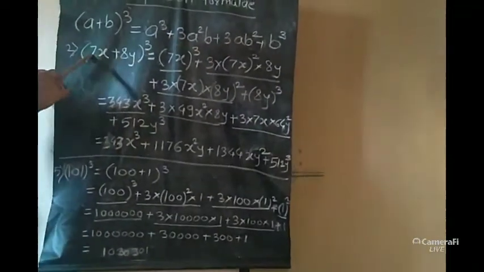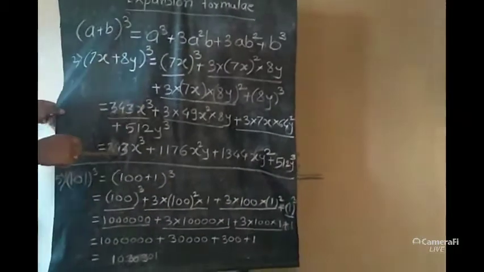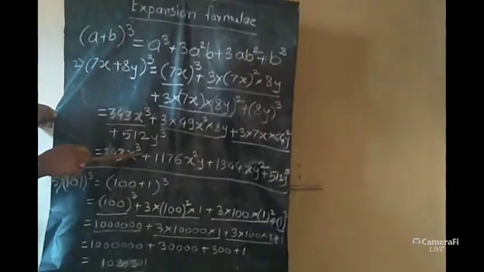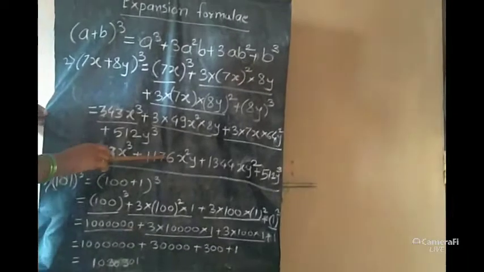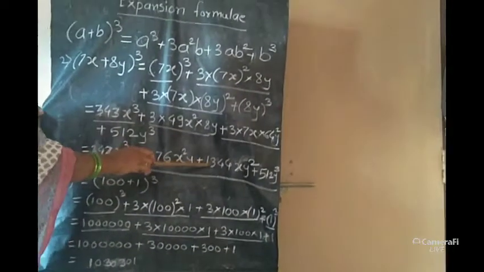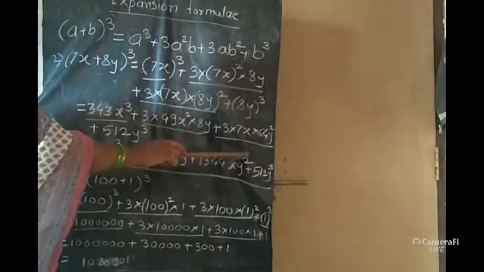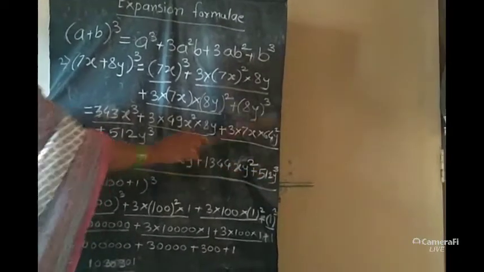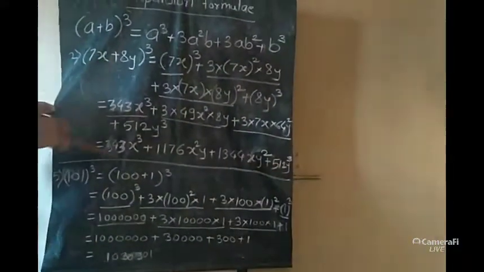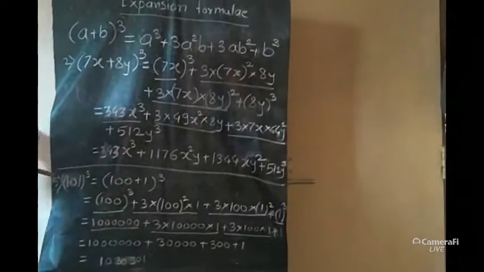The expansion of (7x + 8y)³ is 343x³ + 1176x²y + 1344xy² + 512y³. Here we have completed the second example from practice set 5.2.